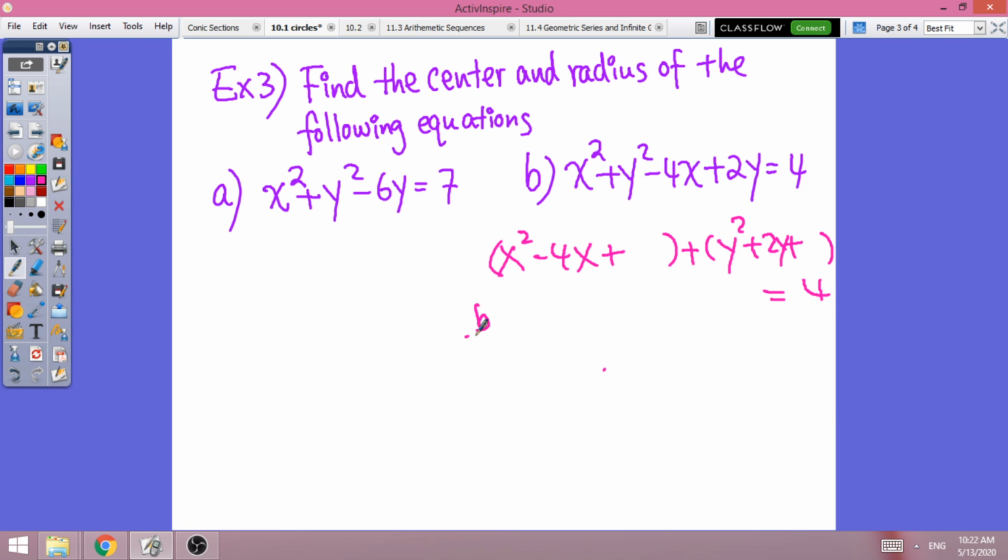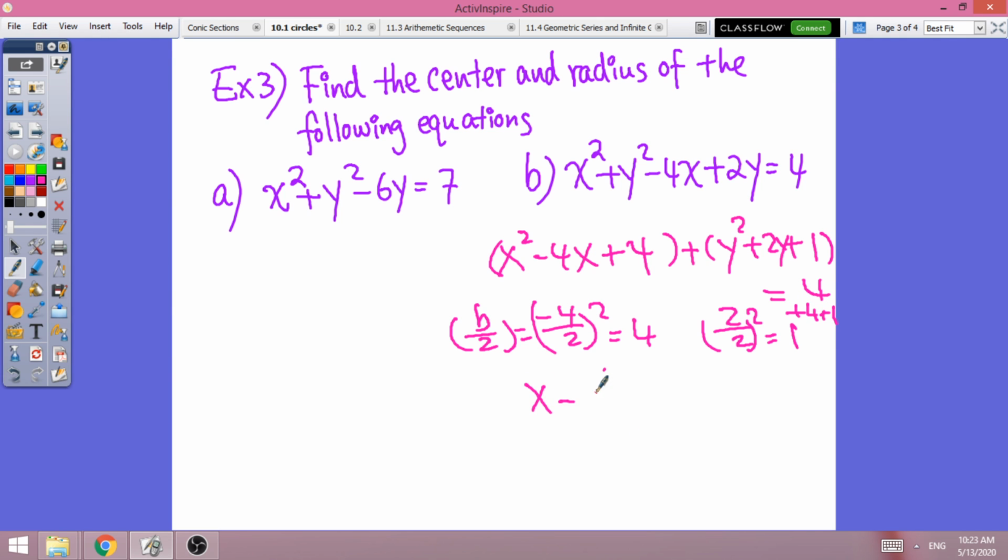So b over 2 quantity squared. We have negative 4 over 2 quantity squared, so we have 4. And then the other one is similar: 2 over 2 quantity squared, so that's 1, so plus 1. That means on the right-hand side, we're not just adding 4, we also need to add 1. So we're adding 4 plus 1, which is adding 5.